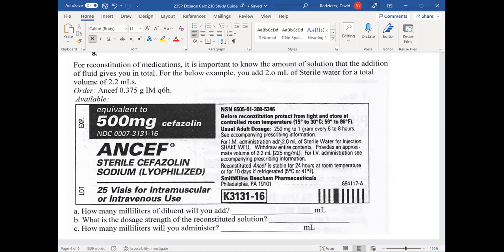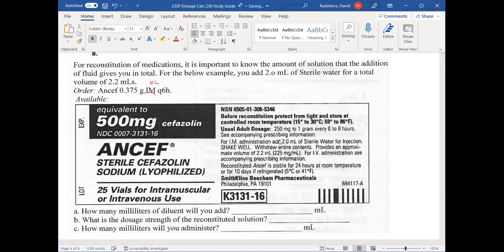So a couple things to keep in mind. If we're dealing with an intramuscular injection, it's milliliters, right? Because it's a fluid. So that's how we get that medication in. If we know that it's intramuscular, then we know we're dealing with an injectable, and there must be some sort of strength per milliliter.